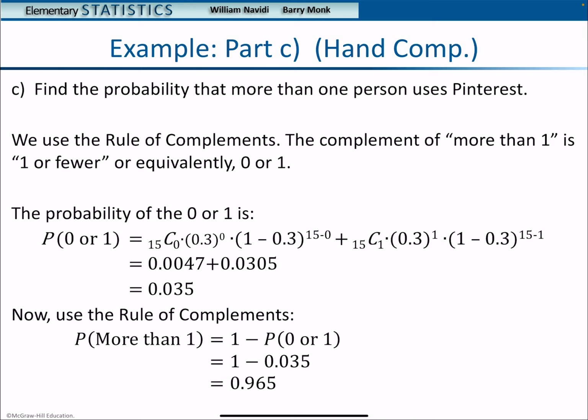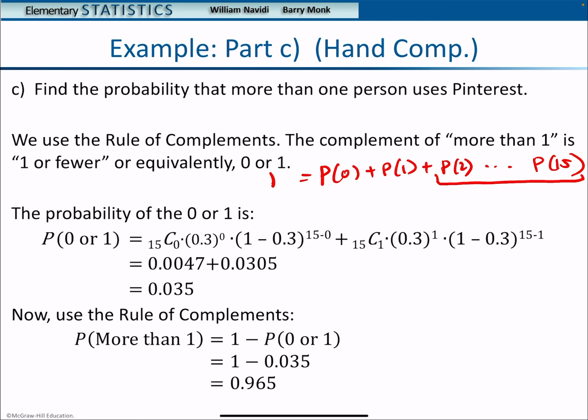So by definition of probability distribution, we can add all the probabilities up and they should equal 100%, or just 1 in decimal form, which is P of 0, P of 1, P of 2, P of 3, up to P of 15. So instead of calculating all these separately, if we want more than one, we want all of these, right? 2 through 15.